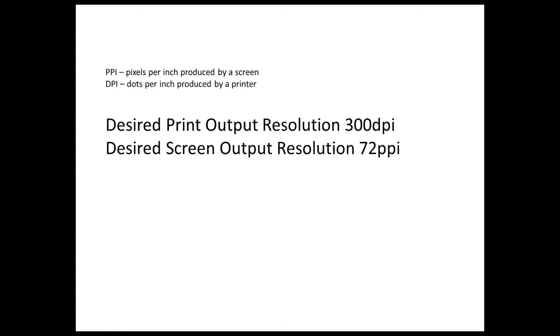The dots per inch, when you refer to a printer and your output is a printed image, you're working with dots per inch. So the desired print output resolution for a printed document is 300 dots per inch. The desired screen output resolution for something that will appear on a monitor or a smartphone is 72 pixels per inch.